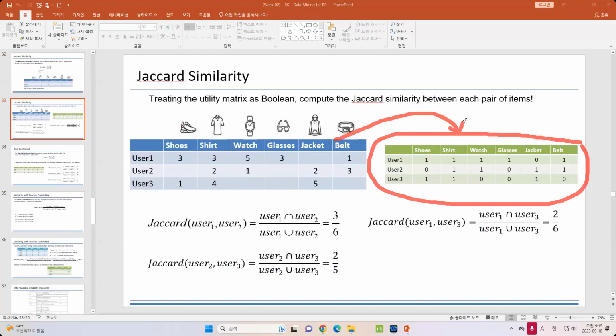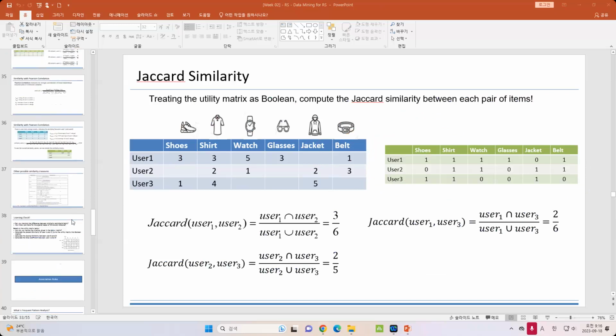Okay. What is Boolean? It is 0, 1. In this case, if there is no value in the cell, we put 0. If there is a value here, we put 1.